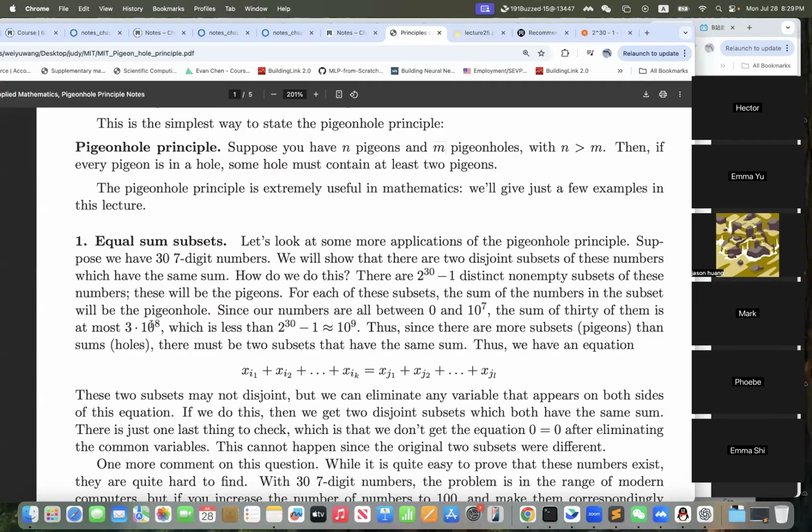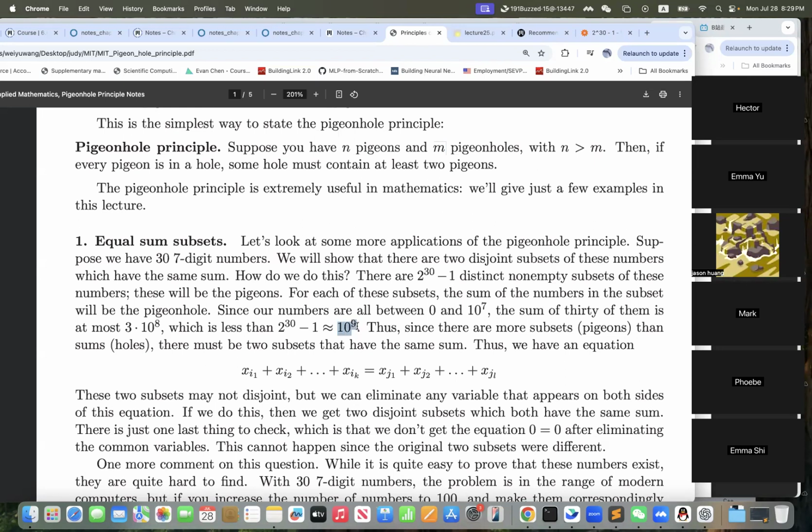But since each sum is no more than this, how many sums do we have? Because we have this number of subsets, we will have at least this number of sums, right? Everybody get this? Because we have a lot of subsets, and for each subset we can sum all the numbers in the subset, and we get a sum, right?